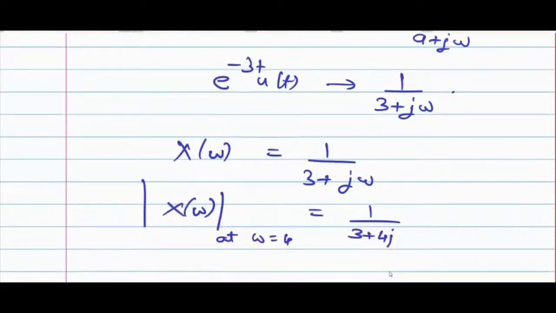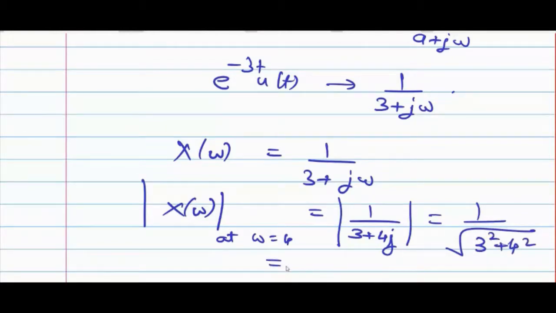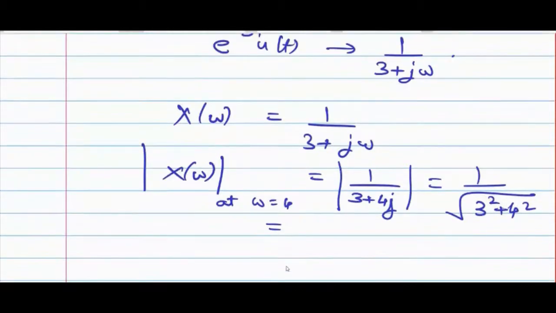So its magnitude value is the magnitude of 1 upon 3 plus 4j, so 1 upon under root 3 square plus 4 square. So the answer is 1 by 5. So magnitude at omega equal to 4 is 1 by 5.